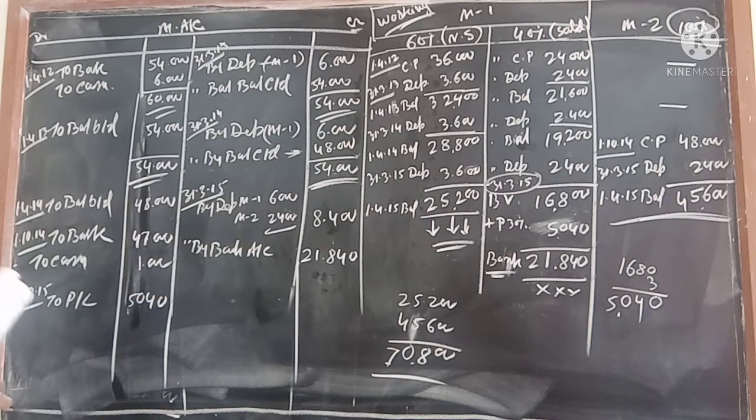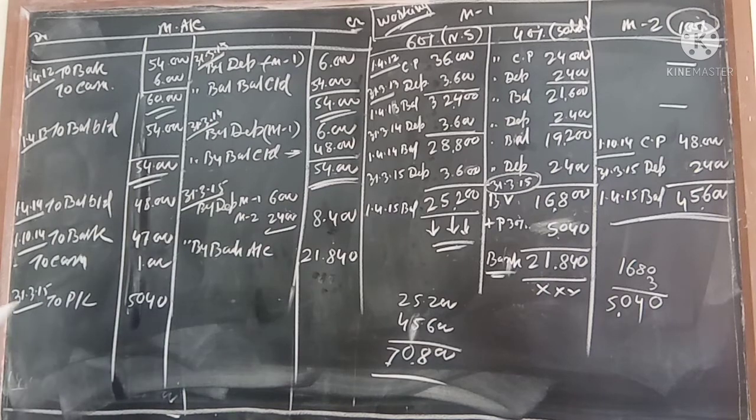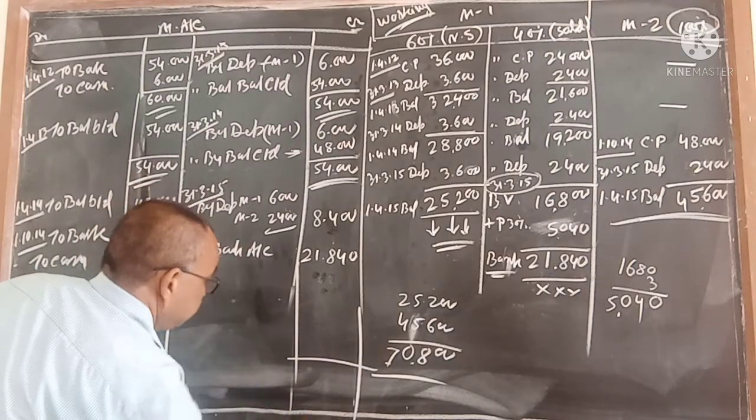Now let me check it. 48,000, 47,000, 1,000, 5040. This is 8,400, 21,000 and 17,800. Correct. This I had forgotten to write. Now if you add, you will get the total 1,01,040. That is correct now.